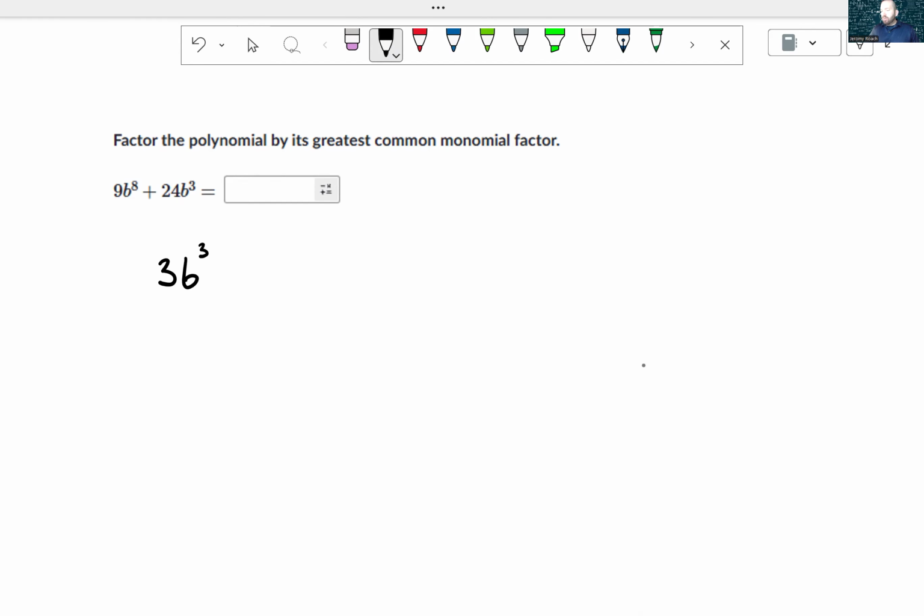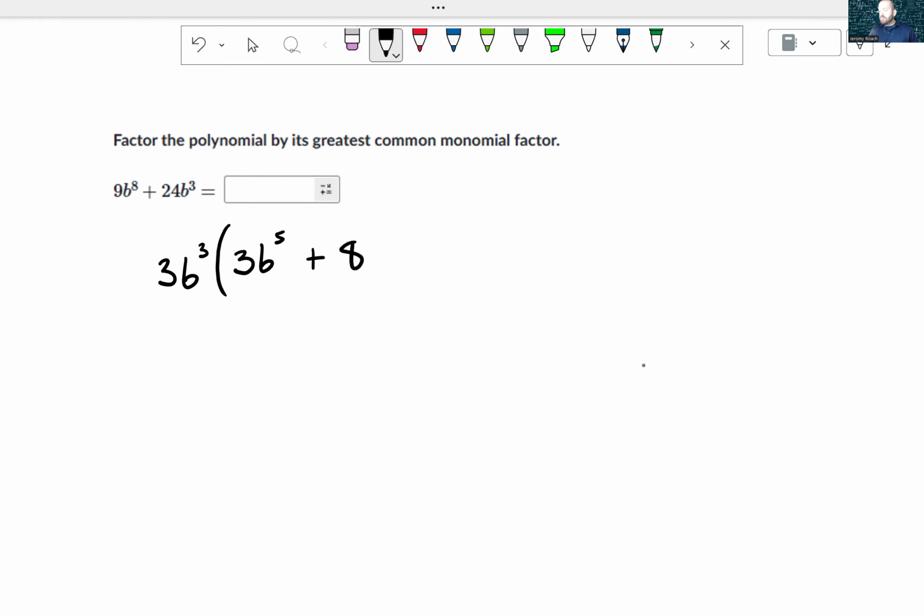Now, when we write what's left over, we write it in parentheses now. So 9b to the 8th: 3b cubed times what is 9b to the power of 8? That's going to be 3b to the 5th plus 24b cubed. 3b cubed times what is 24b cubed?